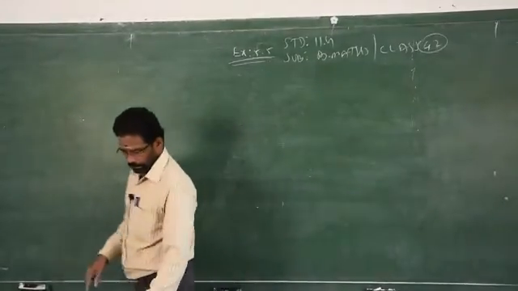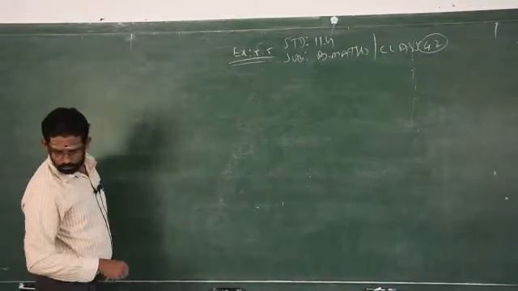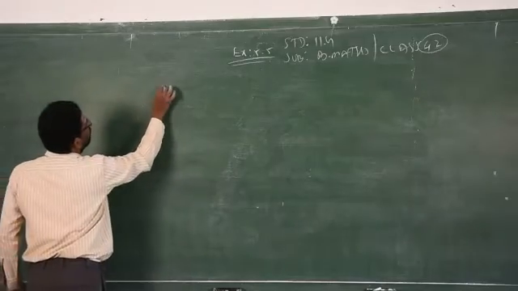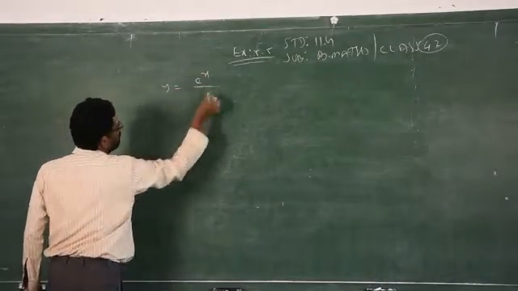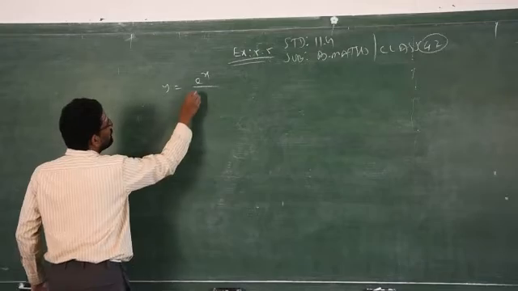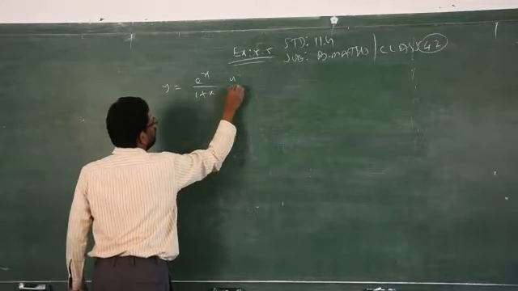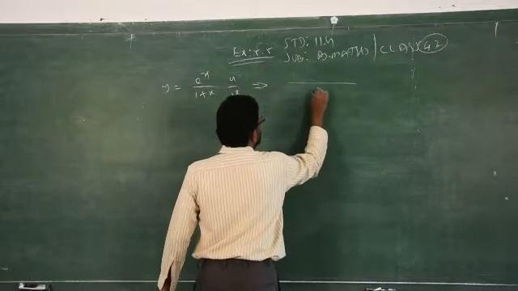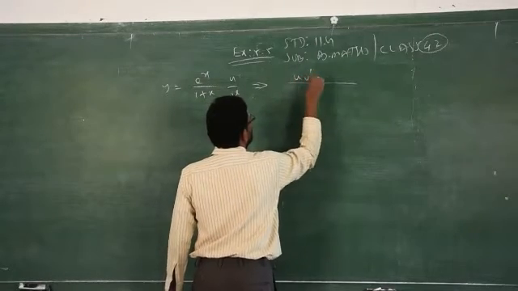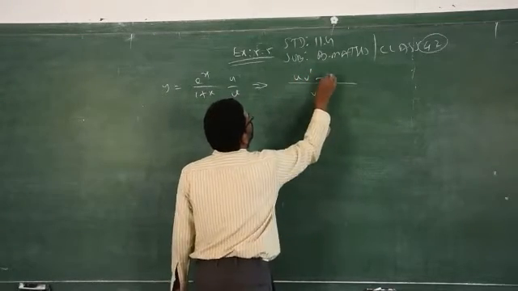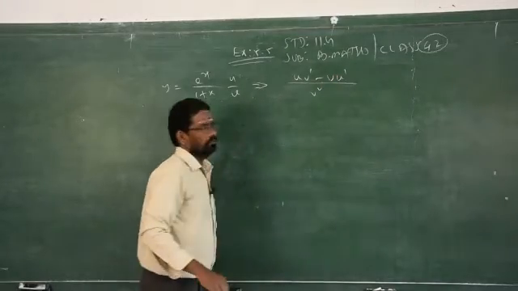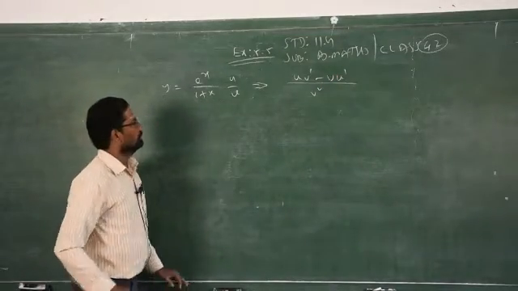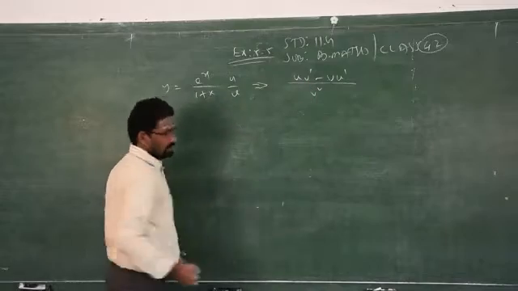So you will see the second one, y is equal to e power x by 1 plus x. This is called the u by v method. The formula is v square, uv dash minus v u dash. Clear? Be careful, don't change the sign.